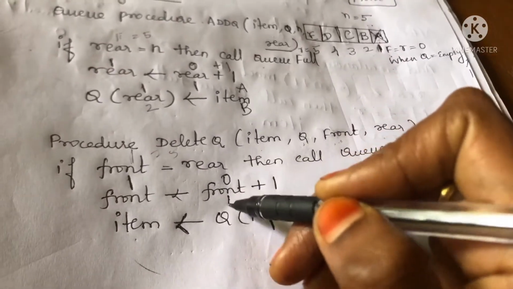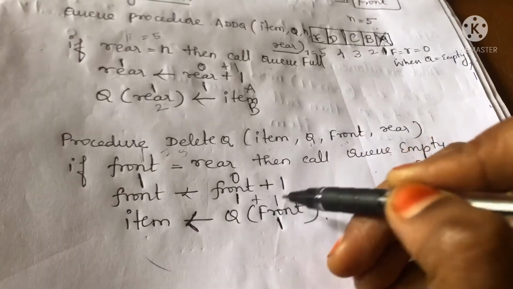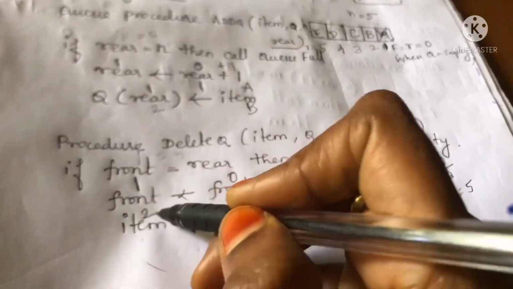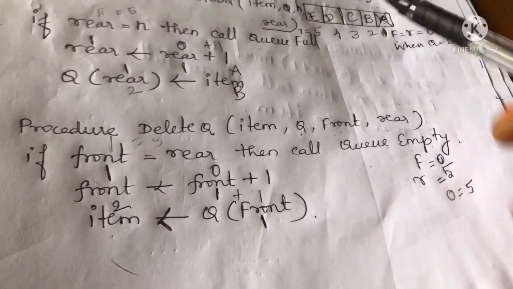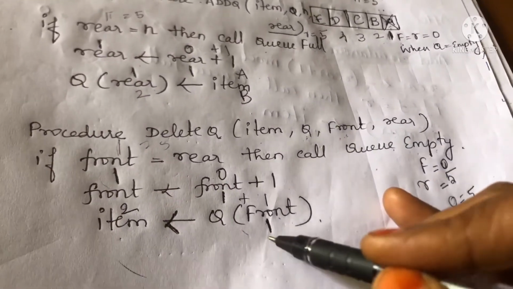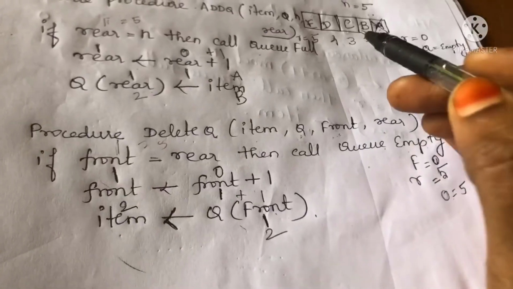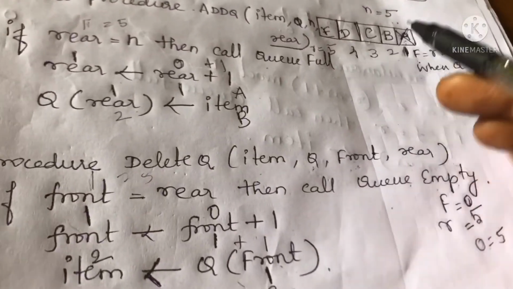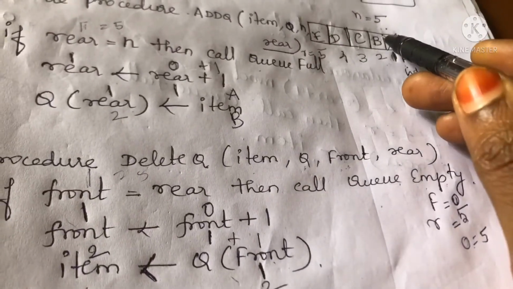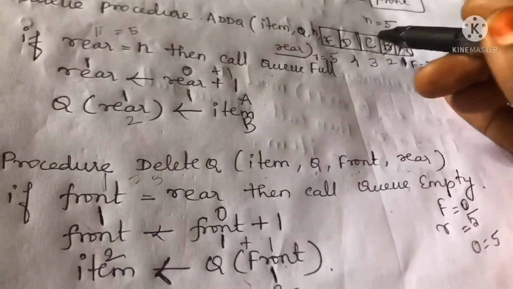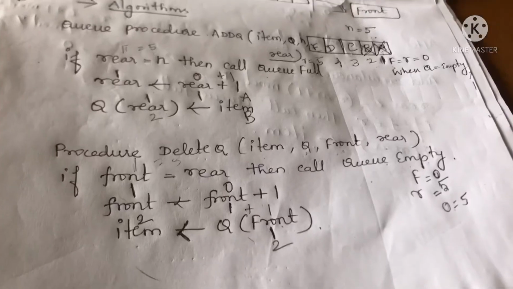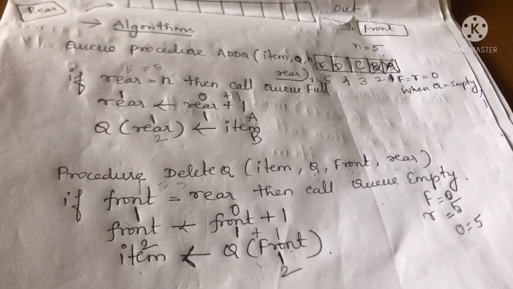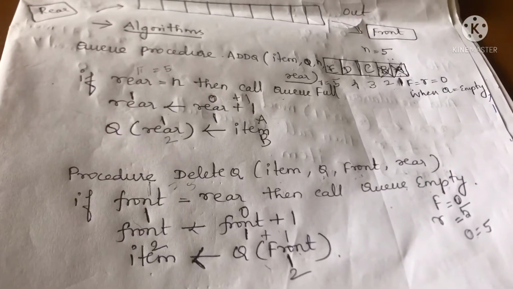Now front value is 1 plus 1, that is 2. Q of front, that is Q of 2, is pointing to which item? Item is B. B is going to be deleted. This is the procedure for delete. Likewise, the elements are deleted one by one.